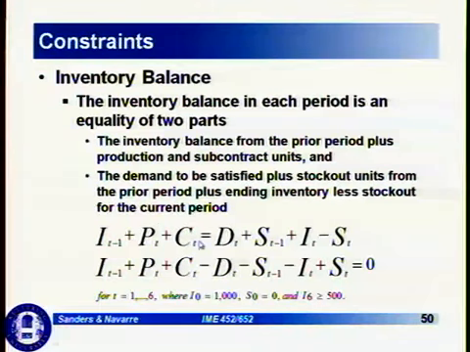All of that has to be equal to the demand that is satisfied plus any stock out in the prior period, because we have to supply that stock out in this period, plus the inventory in this period, because that's the balance we have to have at the end of the period, less any stock out for the current period. A pretty long, involved equation.